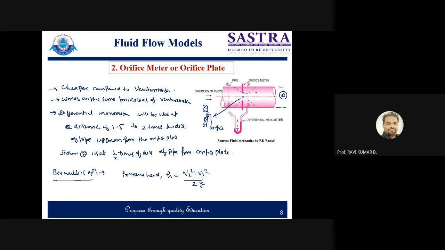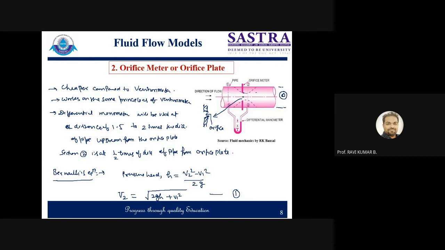That we already know. Pressure head, we are writing here between 1 and 2. And datum head is same because it's a horizontal pipe, so we can write only this equation. So from here we can write V2 is equal to, because we need only V2 to find out the discharge at 2, V2 is under root 2gh plus V1 square. So give this equation number 1. Right? So we have written equation number 1 over here.